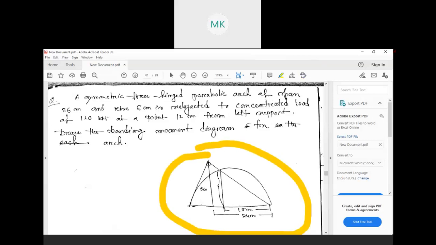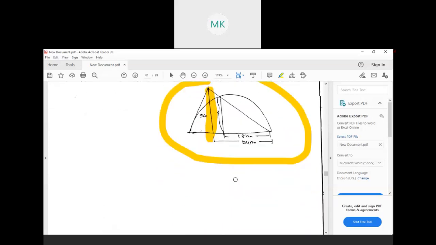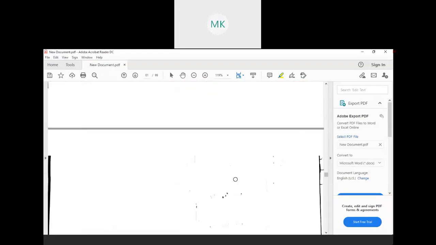This 960 is nothing but the bending moment at that point D. When you calculate it, this is just for example. When you solve this numerical, you will come to know what the bending moment is. So finally, after getting the bending moment, you can draw this diagram. So we will move to the next topic.